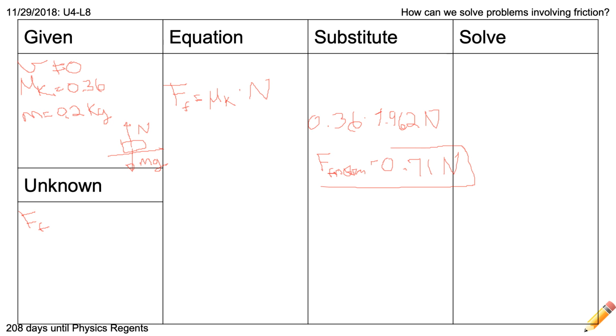If I think about my free body diagram, I'm pulling it to the right with 4 newtons, and friction is opposing it with 0.71 newtons. My net force is going to be 3.29 newtons to the right. And if I wanted to, I could figure out what that acceleration is using Newton's second law.